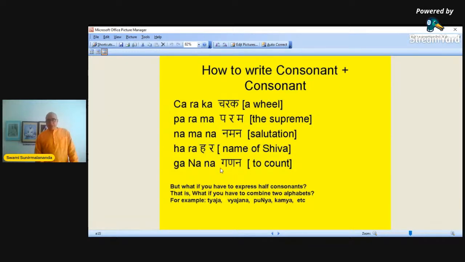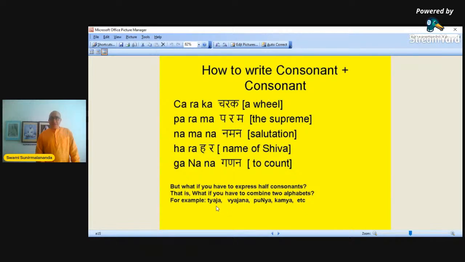The only problem comes when you have to cut off half of the consonant. If you have to express half consonants, combine these half consonants with the other consonants. For example, there are numerous words as we have mentioned here. Tyaja. Here it is ta, ya, ja. You cannot write it as ta, ya, ja.